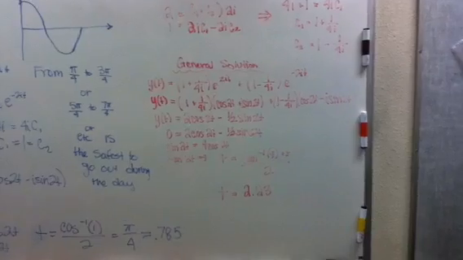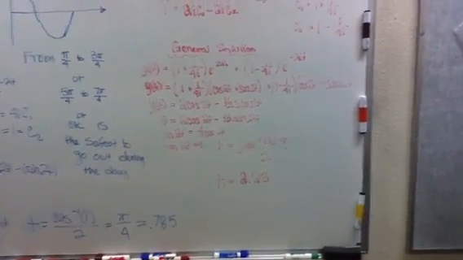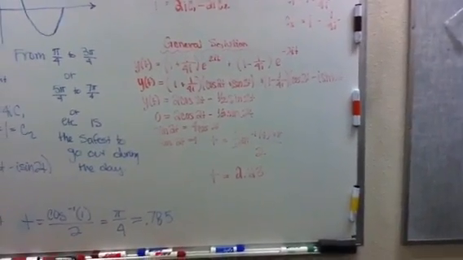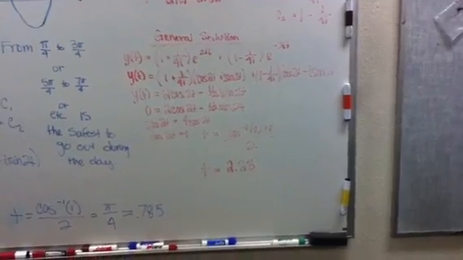And I find a general solution, which is (1 + 1/(4i)) e^(2it) plus (1 - 1/(4i)) e^(-2it).